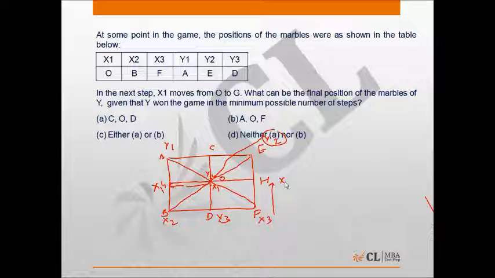So after the second movement of X, marble X3 will be at H. Now Y can move his marble Y1 from E to C, or can move his marble Y3 from D to F. In both the cases, he will win the game.